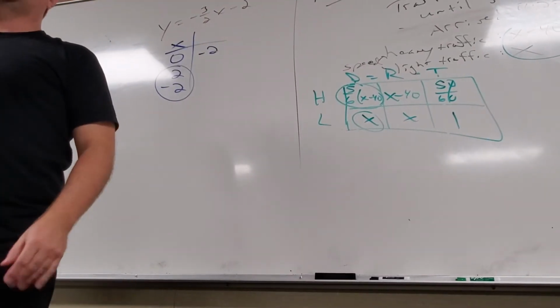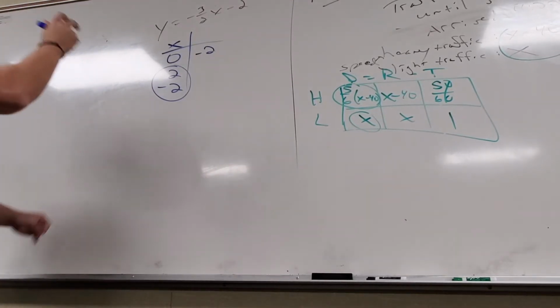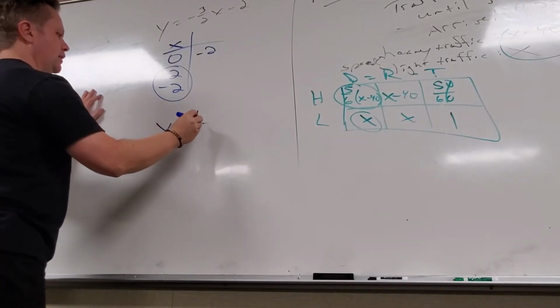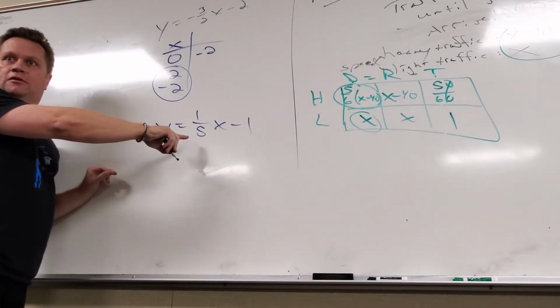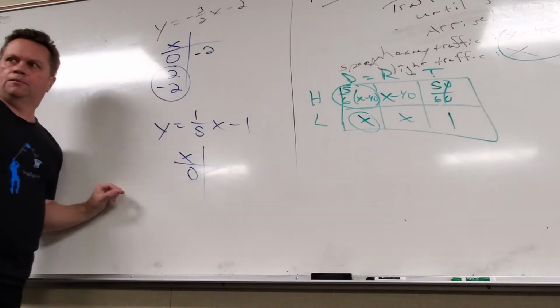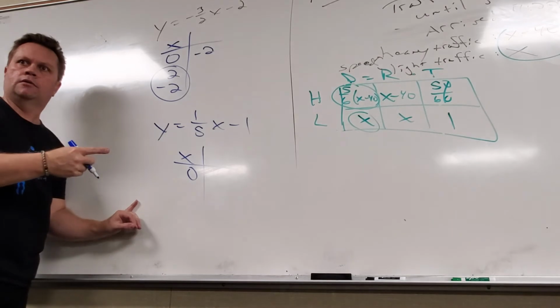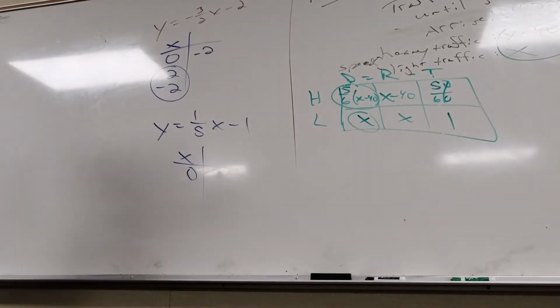So in the future, if I gave you a problem like this and said, make your own table of values, one smart input to always use is 0. What's another smart one to use here? 5. And then another one, -5 or 10.